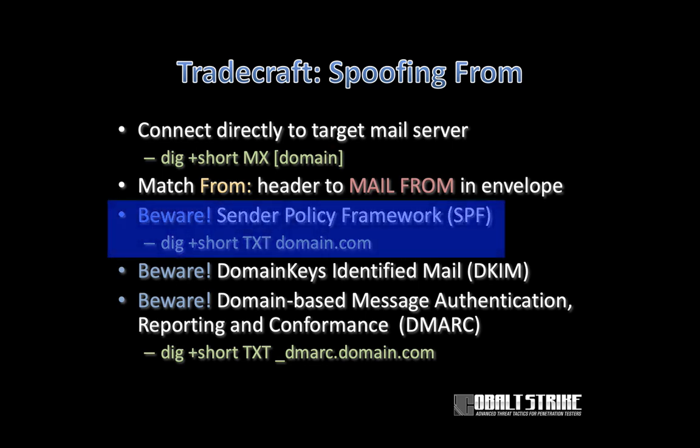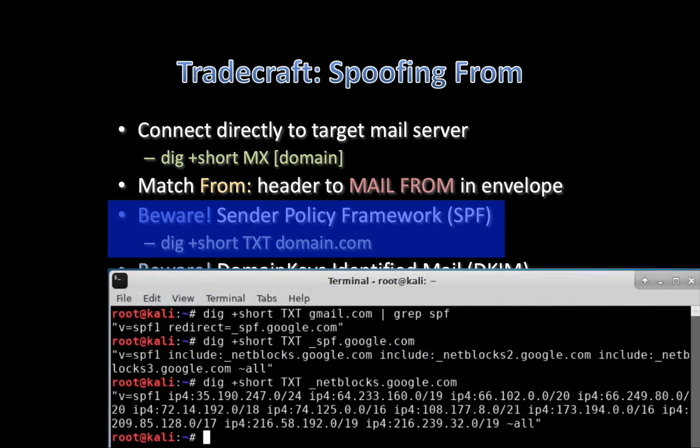So you have to be aware of something called Sender Policy Framework. Sender Policy Framework is a way of restricting which mail servers are authorized to use a certain domain in their email envelopes. So when I connect to a mail server and I say, hey, mail from Rafi@whatever.com, the receiving mail server is going to look up a text record on my domain, on whatever.com, and look for something called an SPF record.